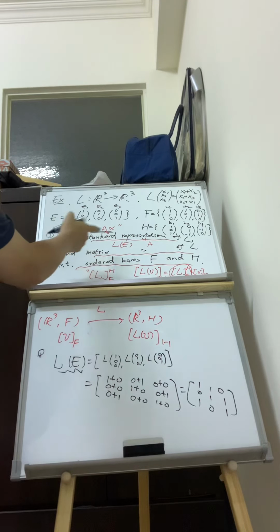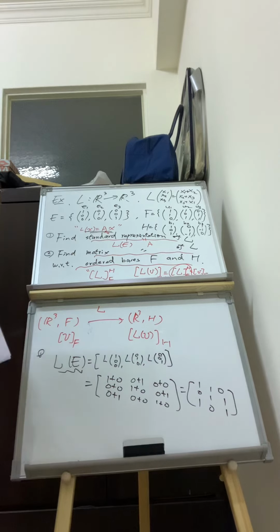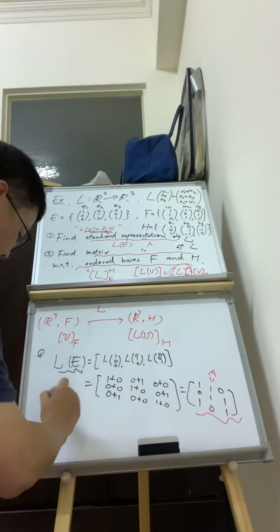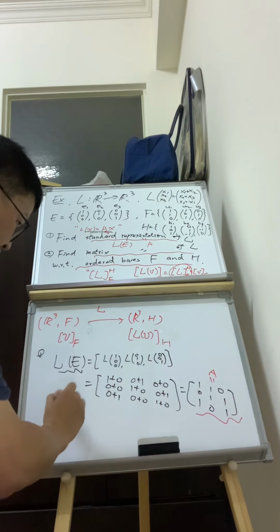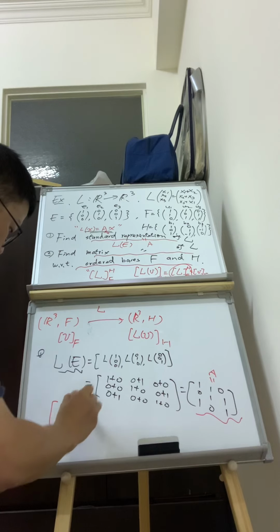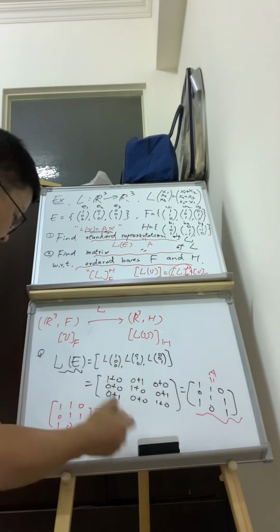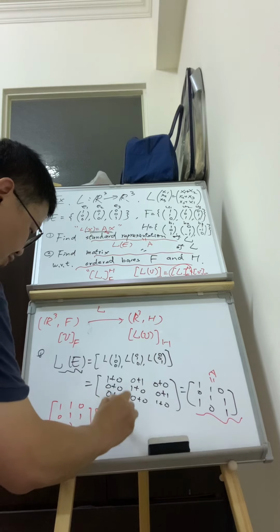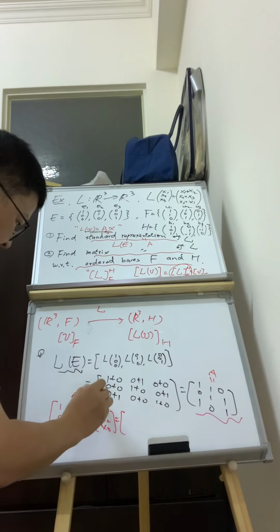This is what we want: the standard representation of L. And actually you can check it. For this matrix, if we denote it by A, consider the product A x.